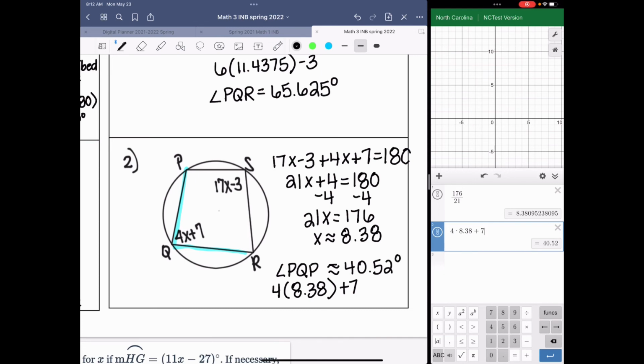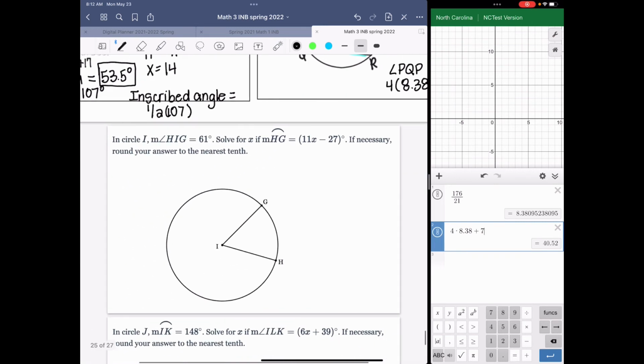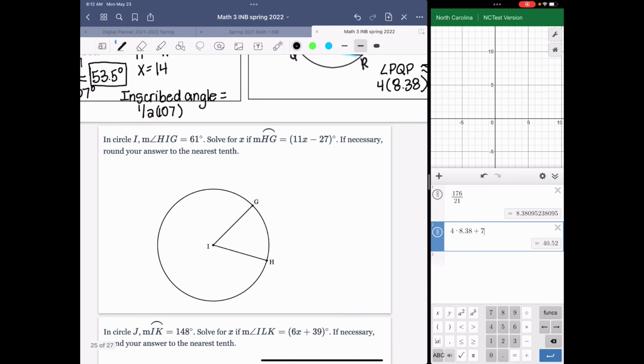All right, I did pull some Desmos examples just to make sure that we were okay with those. These are from the algebra section. I think there were 3 of them. One was in Central, one was Inscribed level 1 and 2, and these are the algebra ones. So for this one, it says that the measure of HIG is 61 degrees.